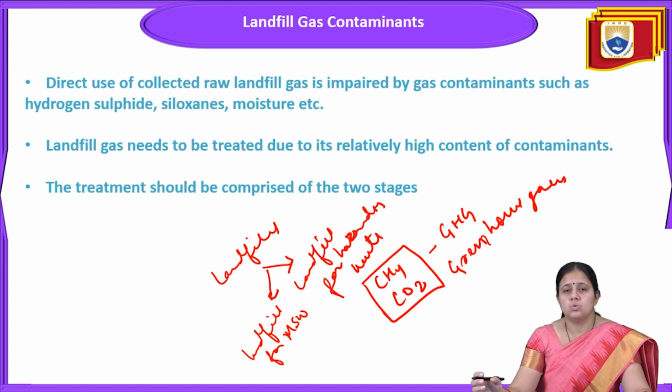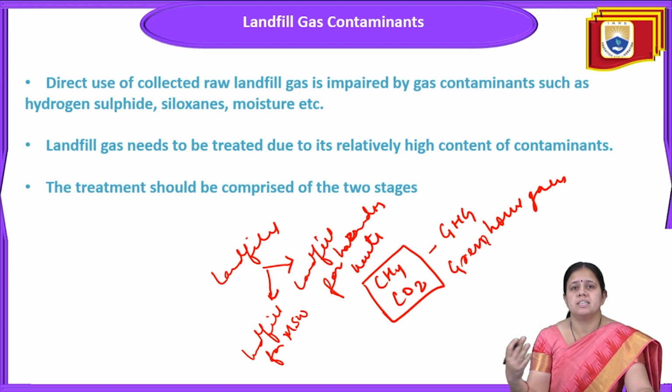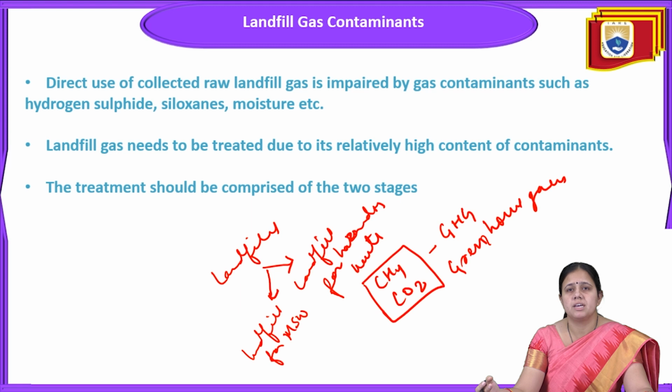To collect and monitor this gas, wells have been established on the landfill surfaces. Then we can utilize this methane and carbon dioxide for electricity purposes. But direct use of collected raw landfill gas is impaired by gas contaminants like hydrogen sulfide, siloxane, and moisture.